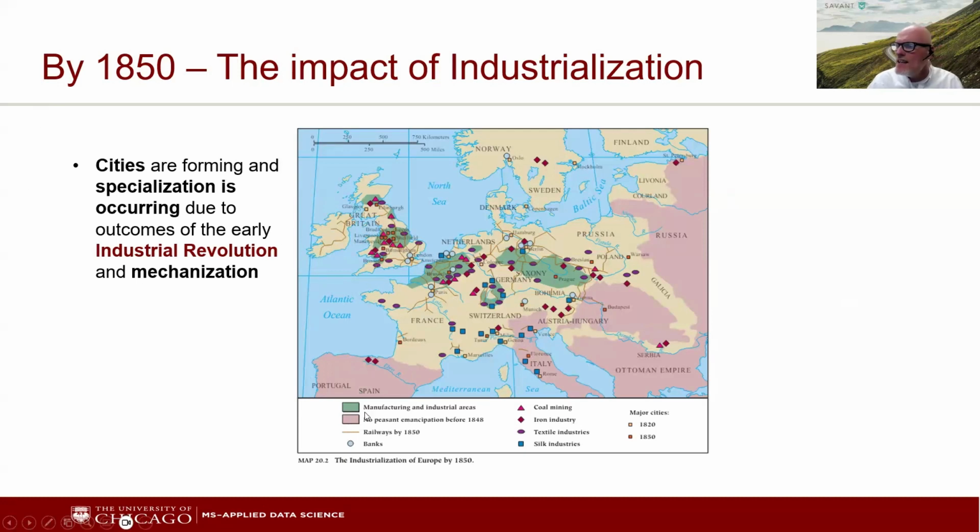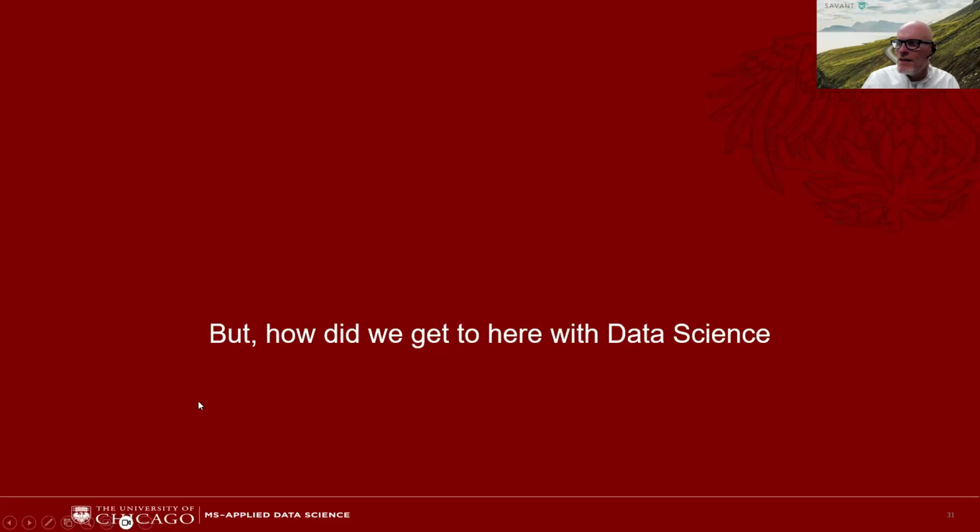But we see that manufacturing and the industrial base has really taken hold in the center of England, in the north of France, and in the center of Germany. And you see the large cities starting to finally get created, major cities in 1820, major cities in 1850, and new cities coming online all over. That is directly a result of mechanization.